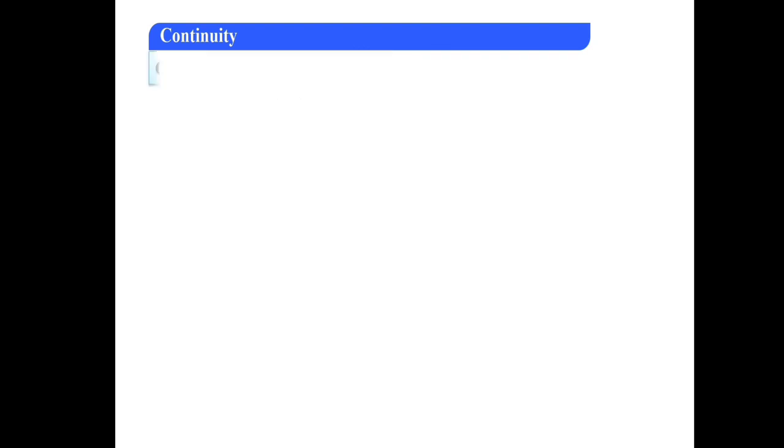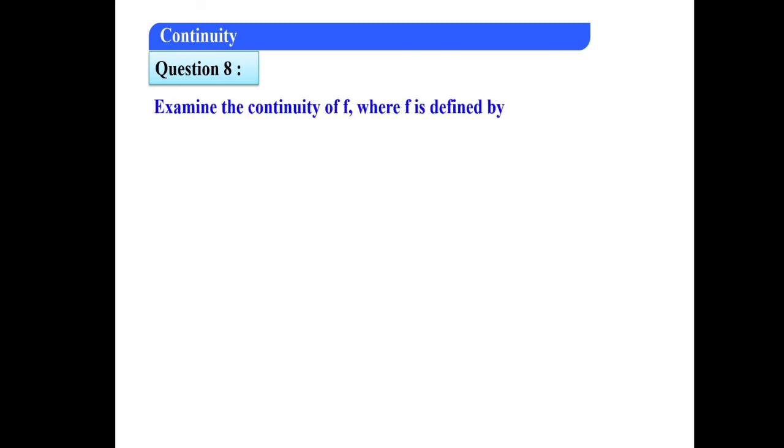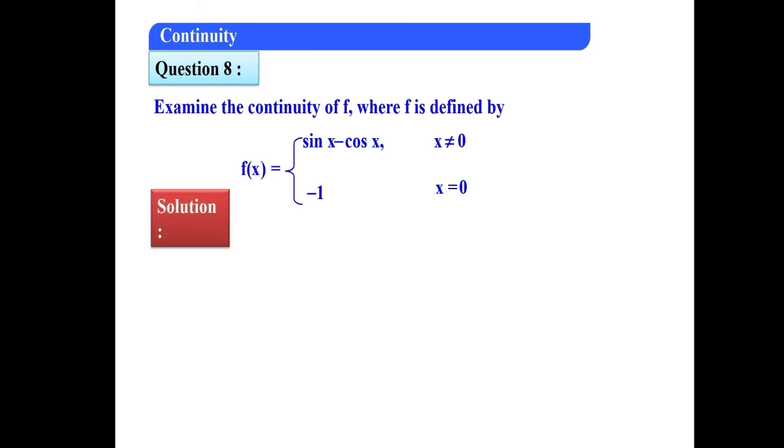Okay, now let's go to another question. Examine the continuity of f, where f is defined by f of x is equal to sin x minus cos x, for x not equal to 0, and minus 1 if x equal to 0. Here in this example, the point is not mentioned, like x equal to 1 or x equal to 5 or 3, it is general.